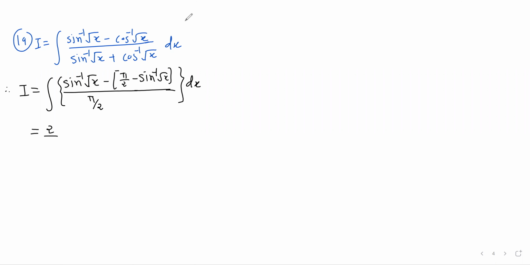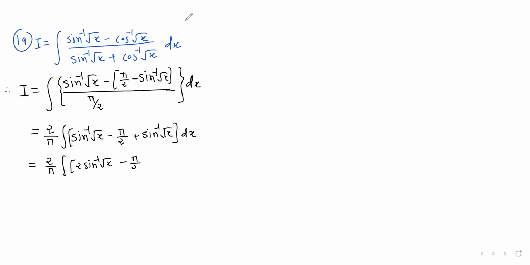So write it as 2 by pi integration of sine inverse root x minus pi by 2 plus sine inverse root x dx. Again, simplification: 2 sine inverse root x minus pi by 2 dx.